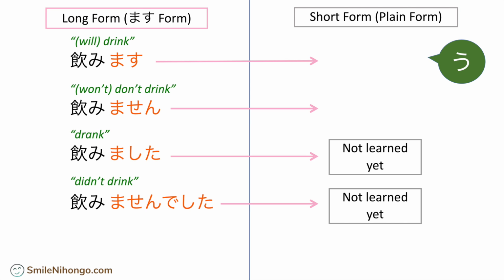Right. 飲みます is 飲む, and 飲みません is 飲まない. Here you need to change the ending mu in 飲む into ma and add ない. So 飲む in the negative form is 飲まない.